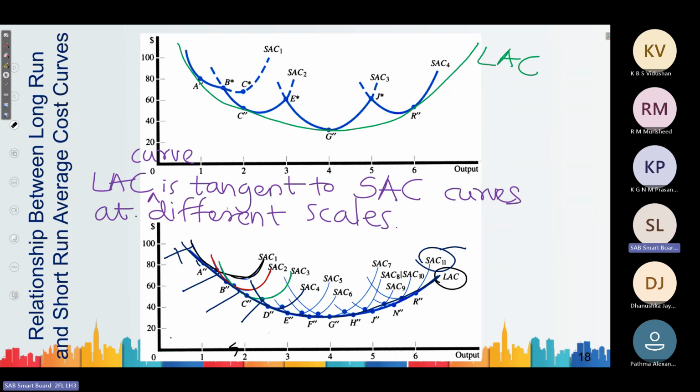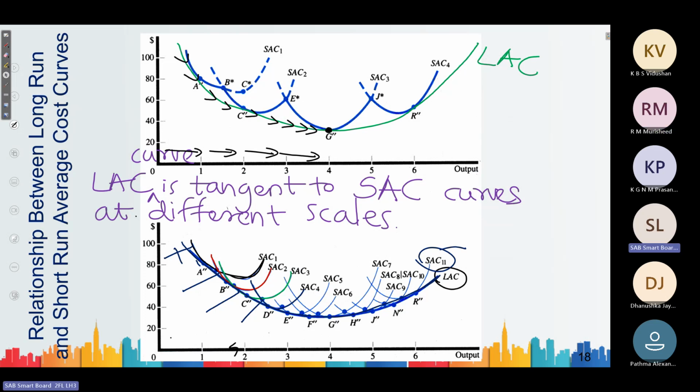Here what we observe is that long run average cost is declining when expanding the output, when expanding the scale. The long run average cost curve is declining up to this point.